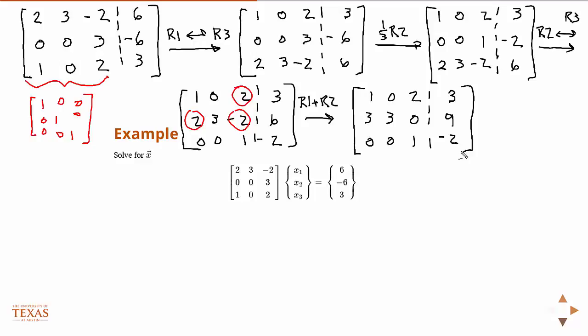So that helped us a little bit. Now what if we multiply the last row by minus 2 and add it to the first. Okay? What will that give us? So I'm going to say minus 2 row 3 plus row 1.